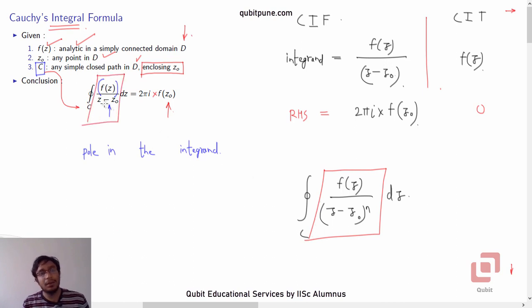The location of the pole of both the functions is the same. The only difference is that here we say that the pole is of order 1 because the power of z minus z naught is 1, and here we say that the pole is of order n because the power of z minus z naught is n. And we also assume that f of z doesn't have any factor of z minus z naught.